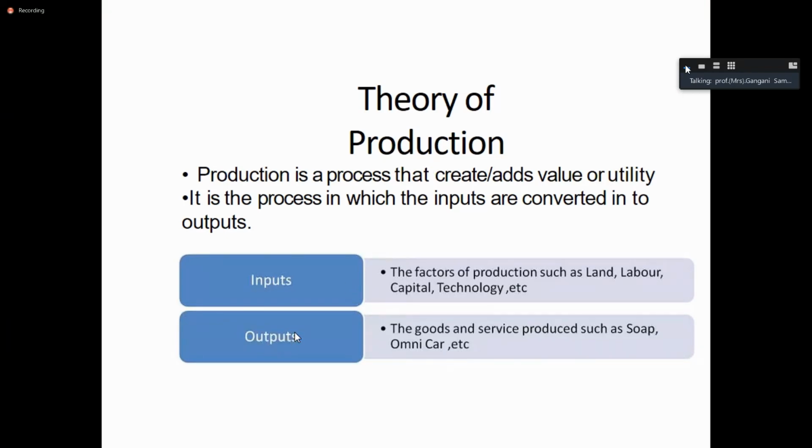So output means goods as well as services. Please remember, many students remember goods only. As outputs, we are getting services as well. Education, for example, and in your case, you are putting inputs to take education. Let's say you are putting money to take good education.